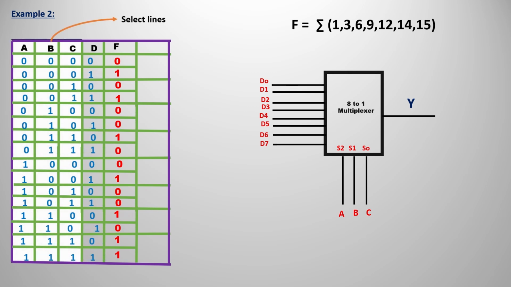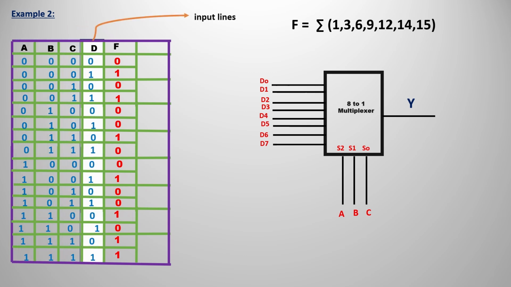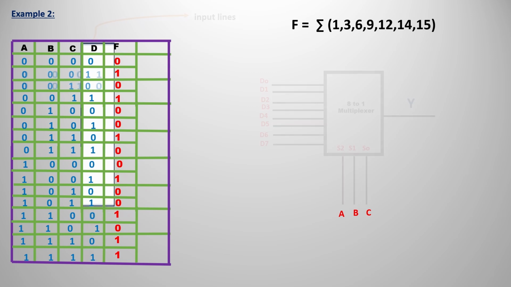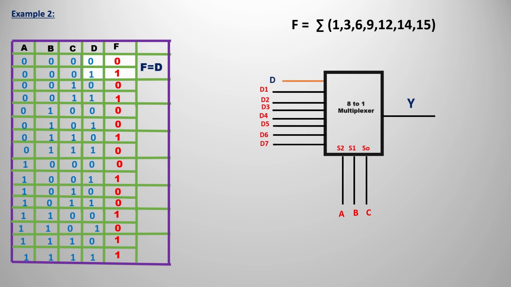As the representation shows, ABC are the select lines and D is the input line, so F can be represented in terms of D. As you already saw in the first example, the same principles apply here. If you compare F and D in the first four boxes, D is 0 1 and F is also 0 1.